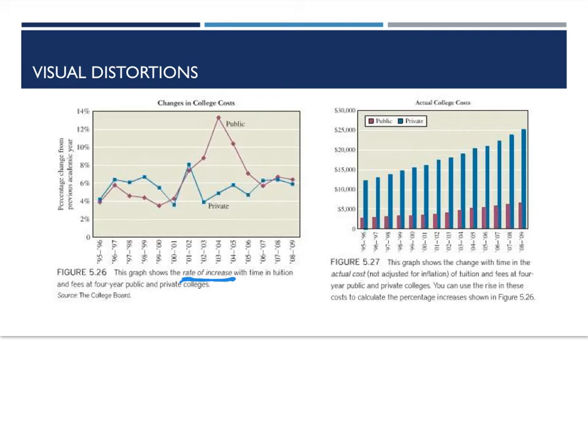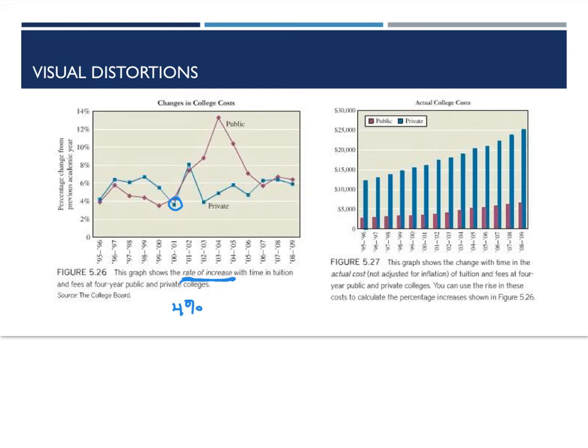Rate of increase. Let's just look at the blue line for a minute. The blue line here in 2000 to 2001 had a 4% increase. So that means tuition went up 4% from the year before.